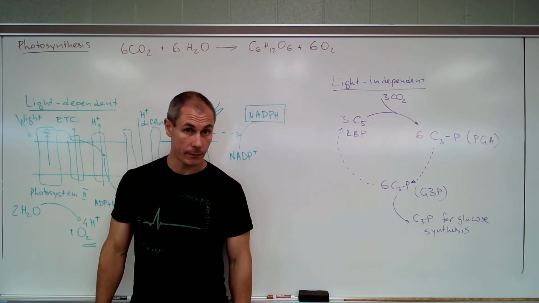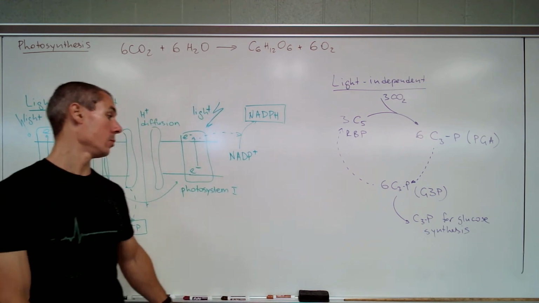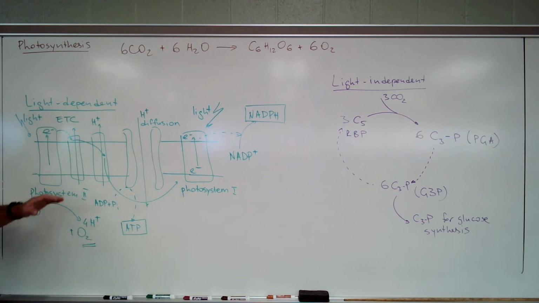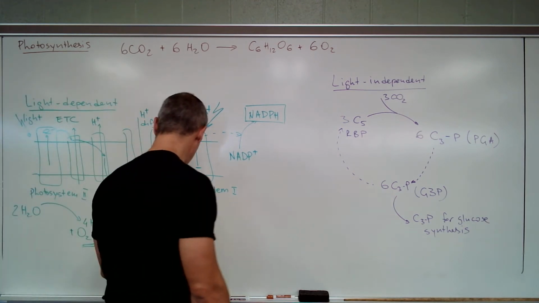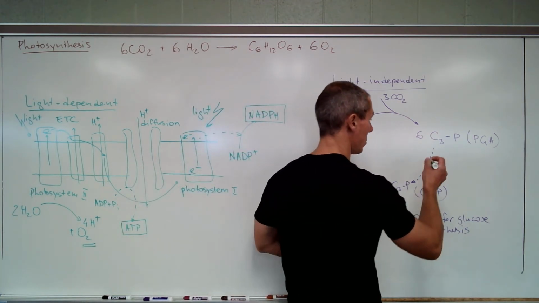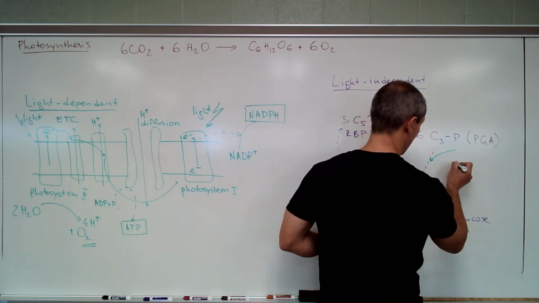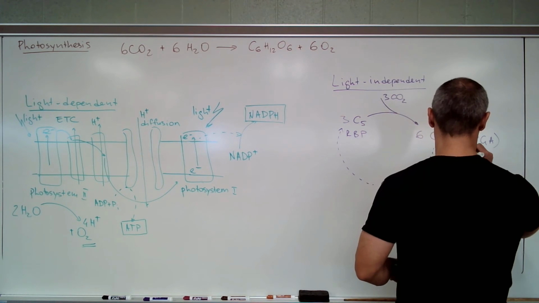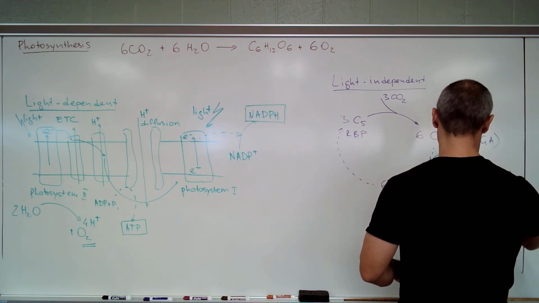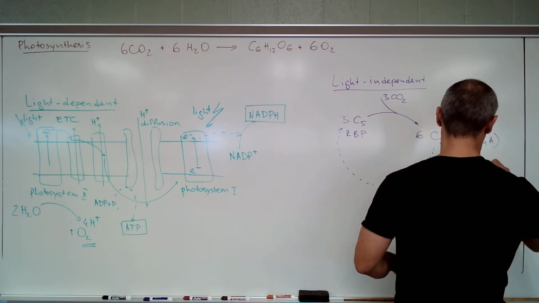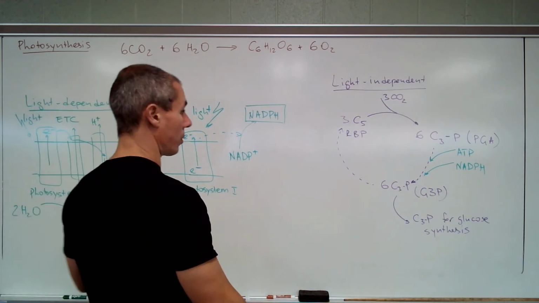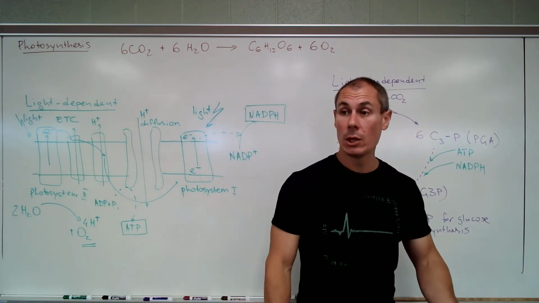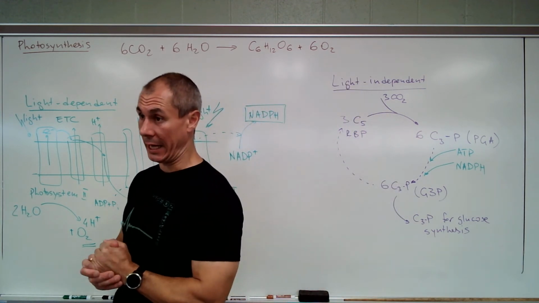Are we clear? So, what's the importance of ATP and NADPH? It turns out that you need ATP and NADPH here. You need energy and you need electrons. You need energy to form bonds and you need electrons to reduce phosphoglyceric acid.